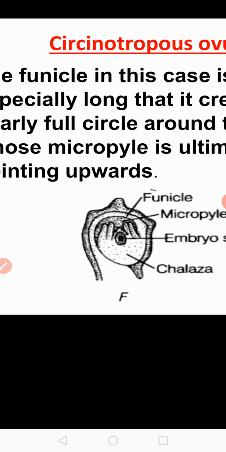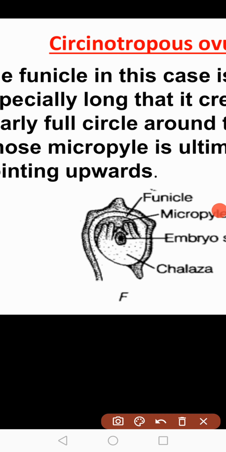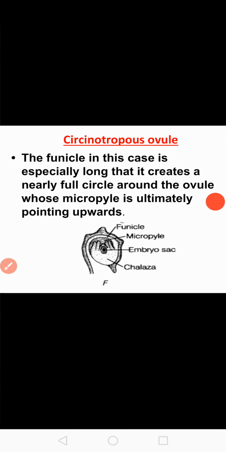In this picture you can see the long funicle, and this funicle completely covers the whole body of the ovule, and the micropyle region appears at the tip portion, upwards. So this type of ovule is called cercinotropous. So these are the 6 types of ovules based on their shapes.